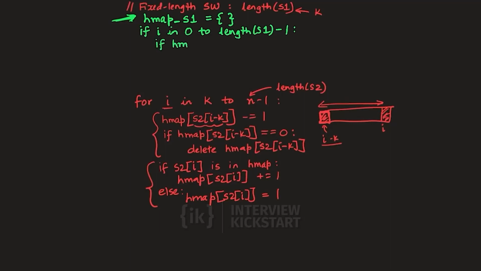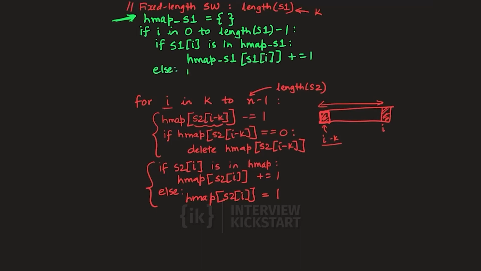So if the current character we are looking at, s1 of I, is in the hash table already, hmap underscore s1, then we will add a 1 to its frequency value.